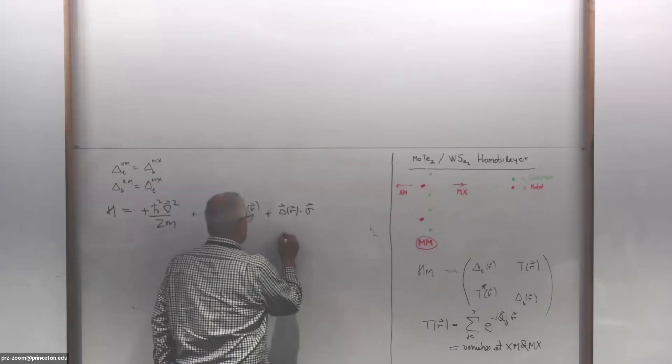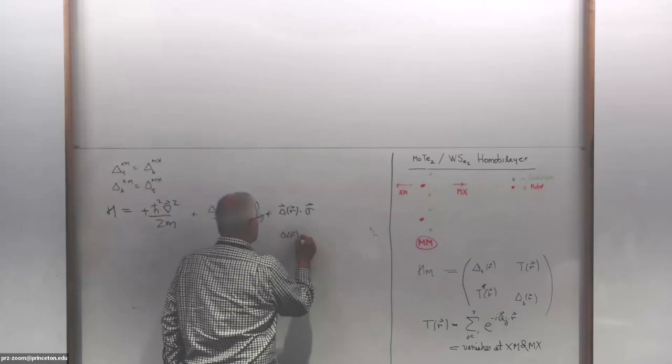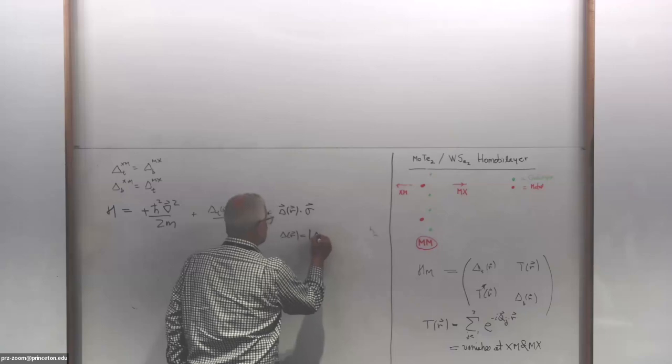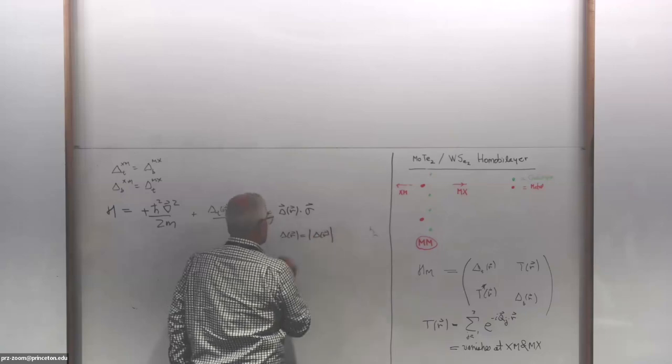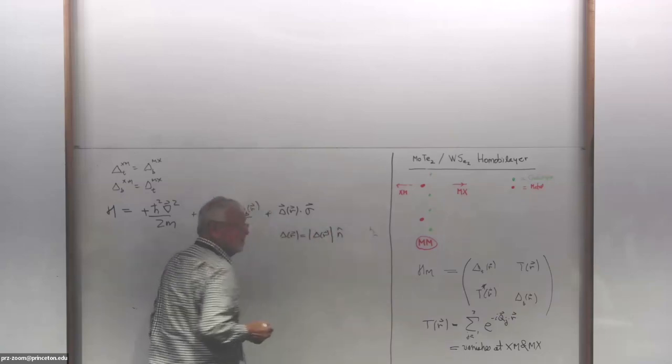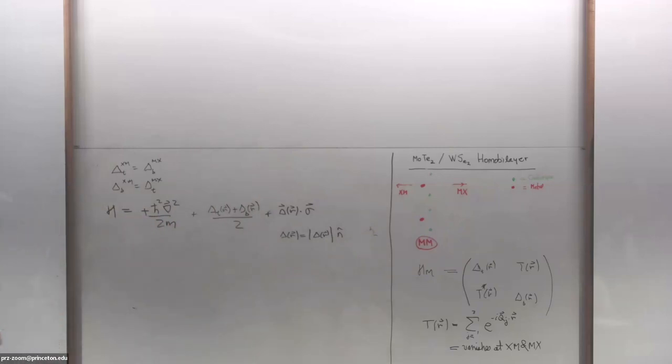So Delta of R is magnitude of Delta of R in some direction n. So the direction n depends on position as well.